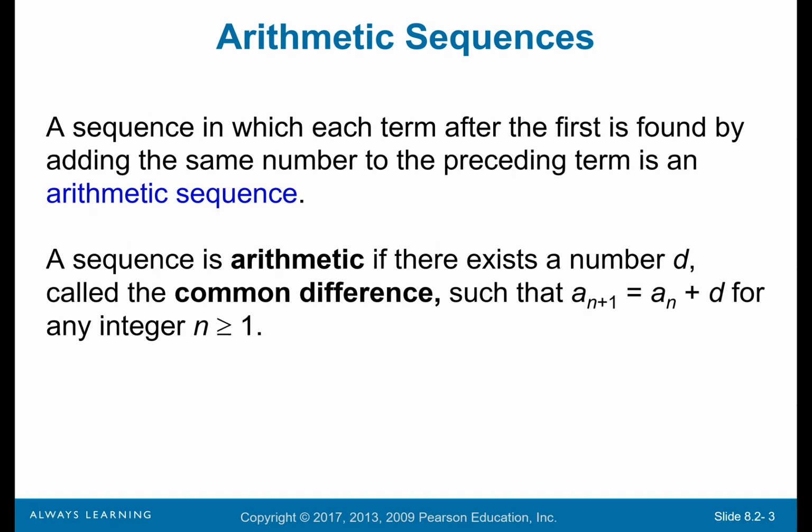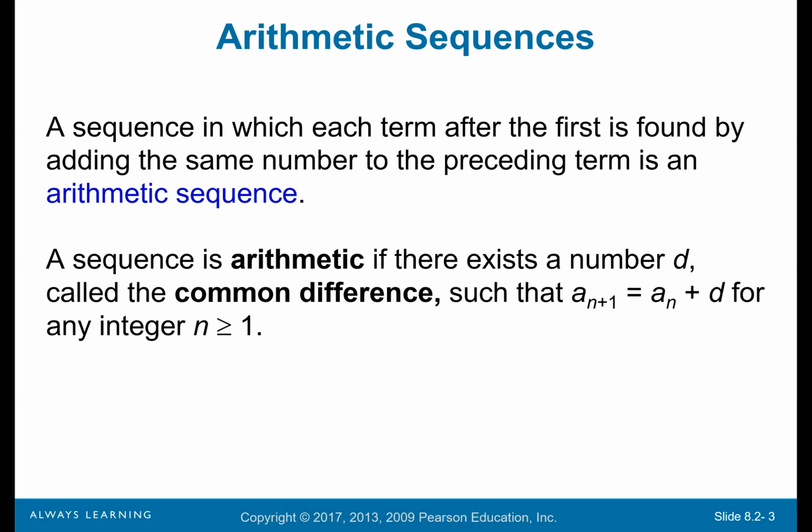Okay, a sequence in which each term after the first is found by adding the same number to the preceding term is an arithmetic sequence. And a sequence is arithmetic if there exists a number d called the common difference such that a sub n plus 1, which we know means the next term, is equal to the current term plus d for any integer n greater than or equal to 1.